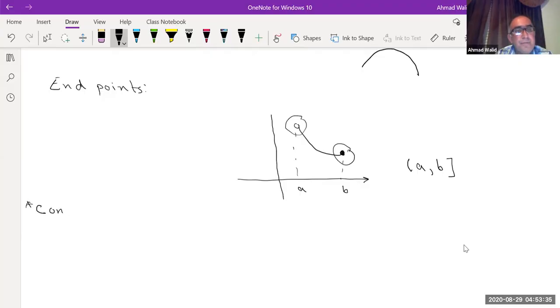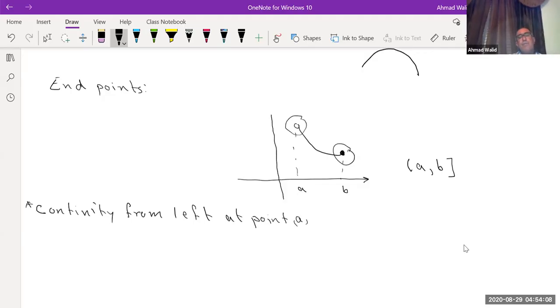Continuity from left at point A. You can name it A, B, or in general C, it doesn't matter.